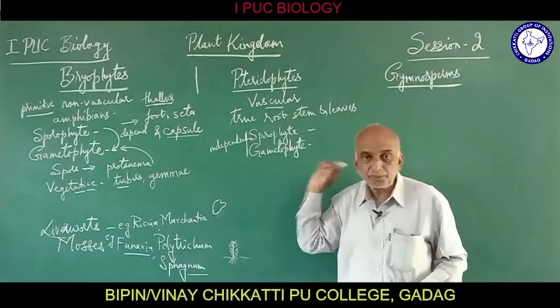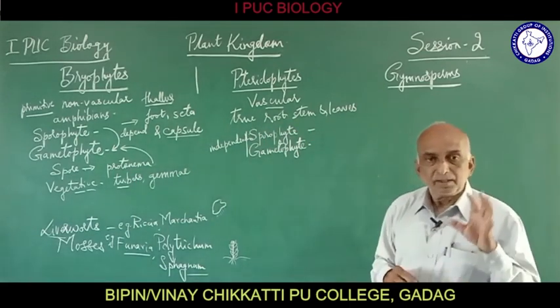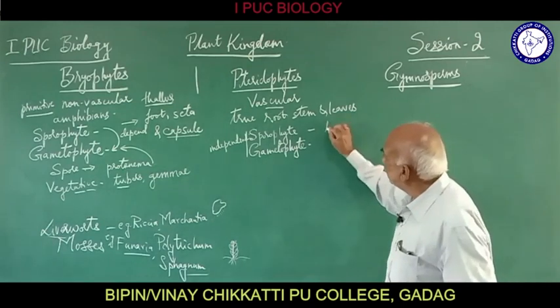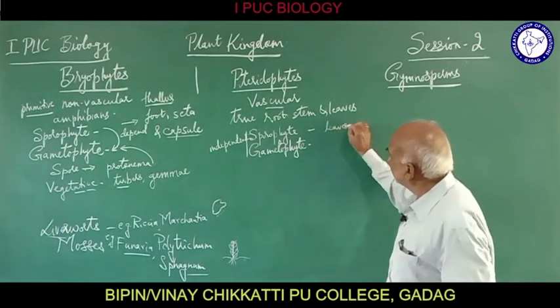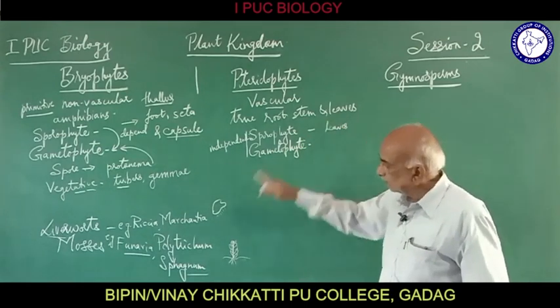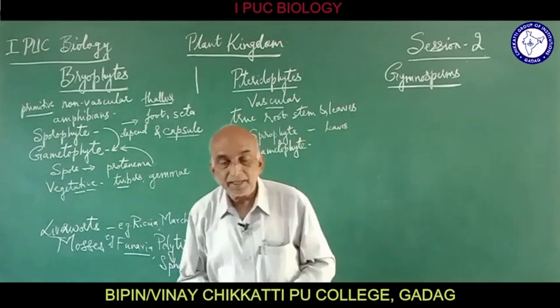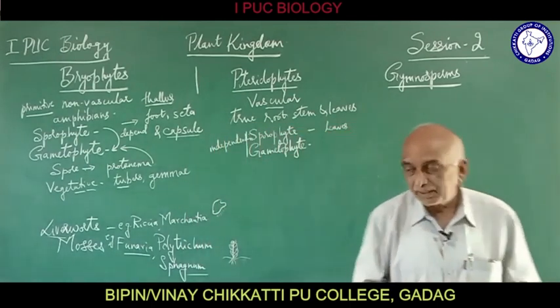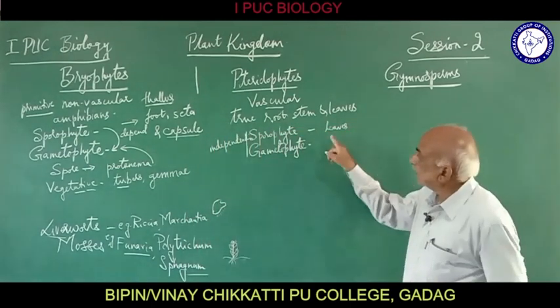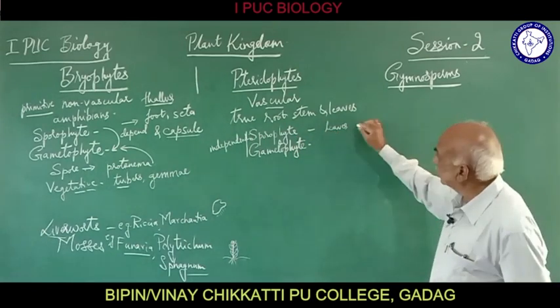But in the pteridophyte, the sporophyte is present in the leaves of the plant, because there are true leaves here. In bryophytes there are leaves, but they are not true leaves. They are leaf-like structures, only in mosses.